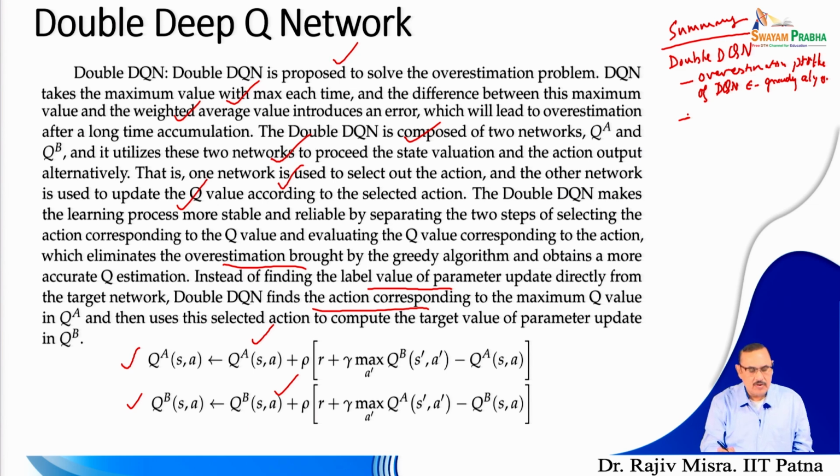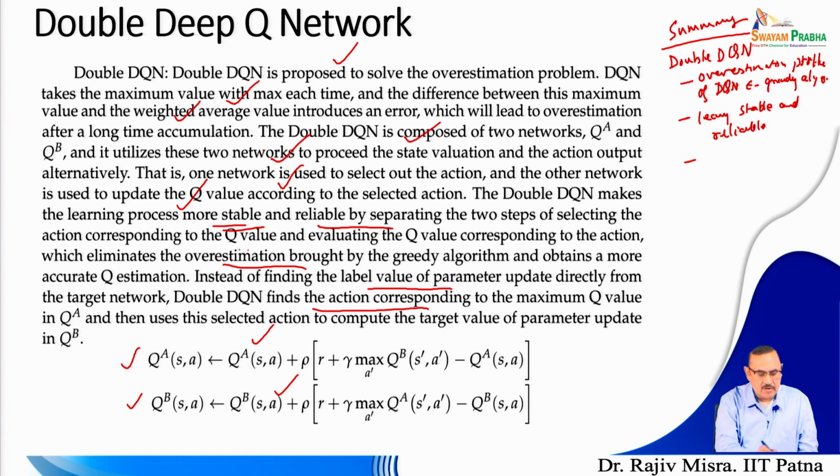Double DQN makes the learning process more stable and reliable by separating these two steps of selecting the action corresponding to the Q values and evaluating the Q values corresponding to the action.